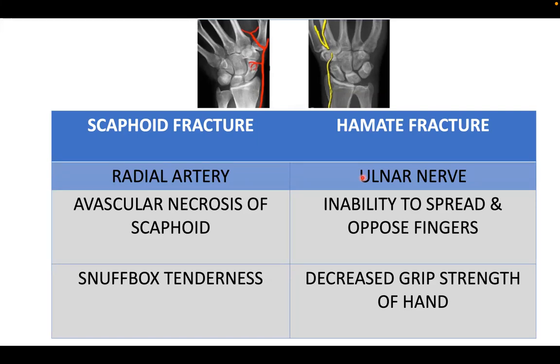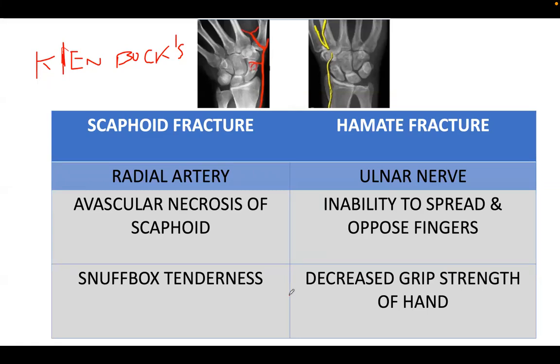Radial artery injury is going to lead to avascular necrosis of the scaphoid. Now, don't forget Kienbock's disease. Kienbock's disease is avascular necrosis of the lunate carpal bone. Please take note of that.